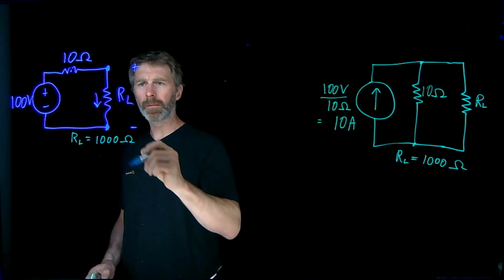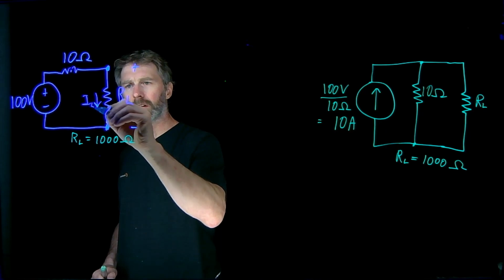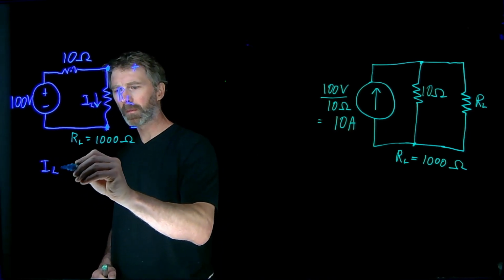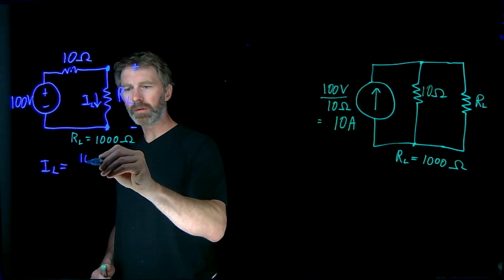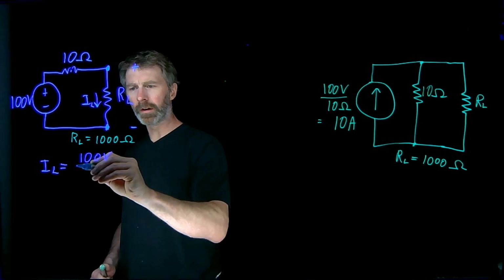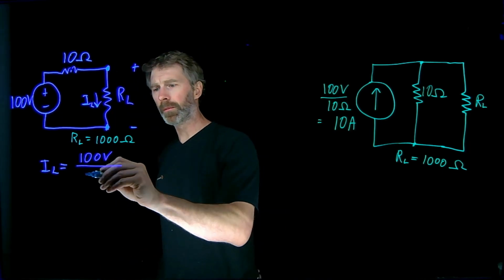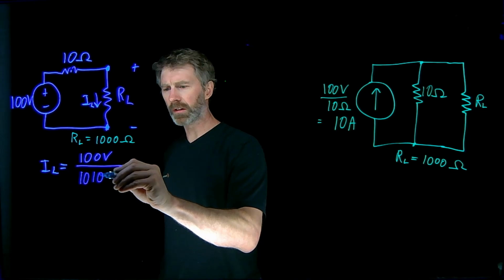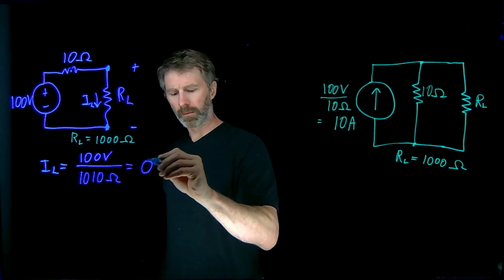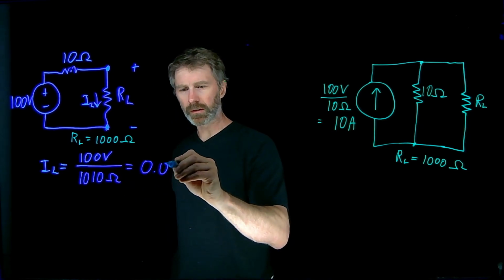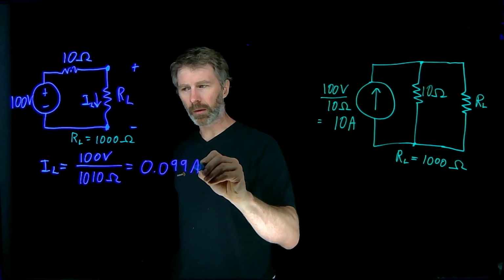So over here, the load current is simply going to be 100 volts over 1010 ohms, and that equals 0.099 amps.